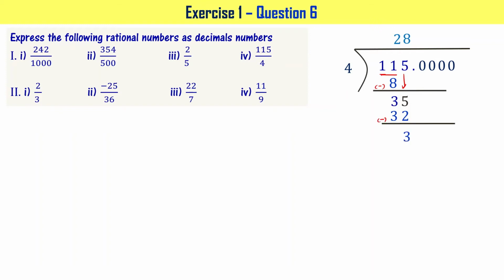Now you see we have arrived at the dot, right? It means I have to put a dot in the quotient also. Let me put that. Then after putting the dot, I can bring the 0 down so that it has become 30. So 7 times 4 is 28. Subtract 28 from 30 so that you have 2 as the answer. Now let me bring this 0 down so it becomes 20. 5 times 4 is 20, right?